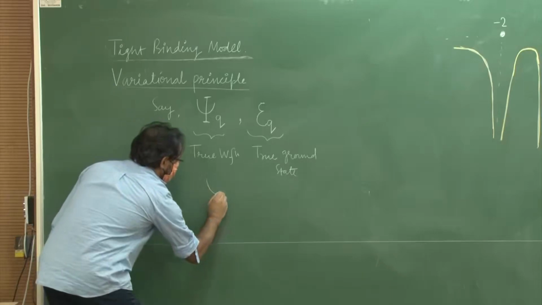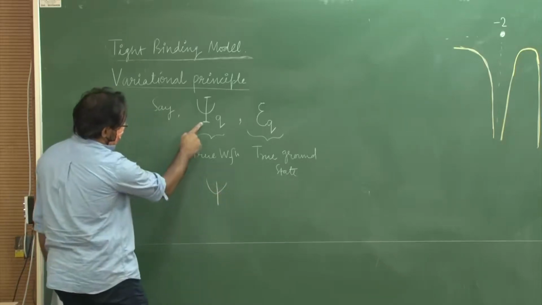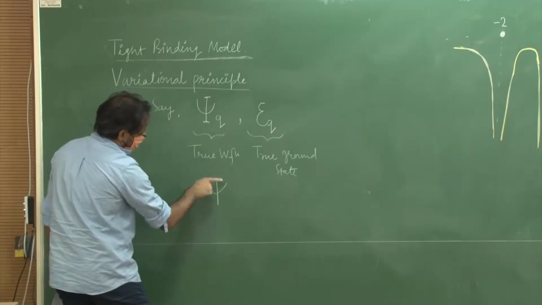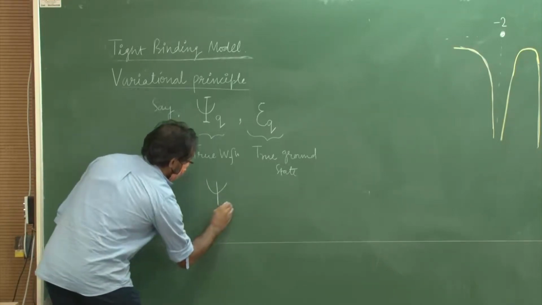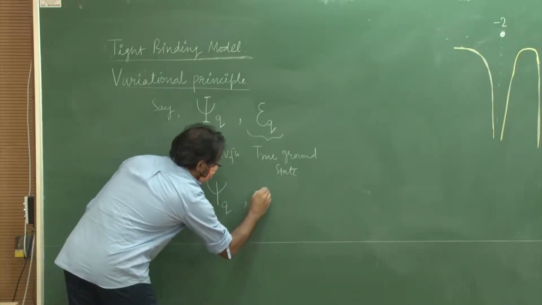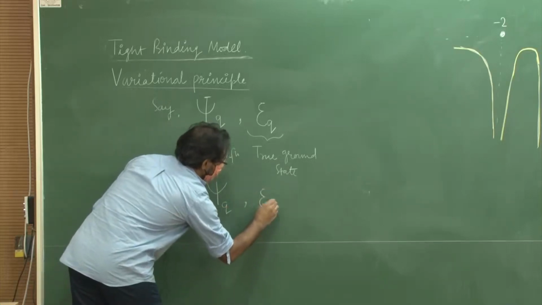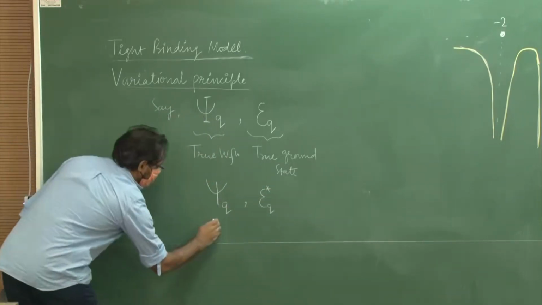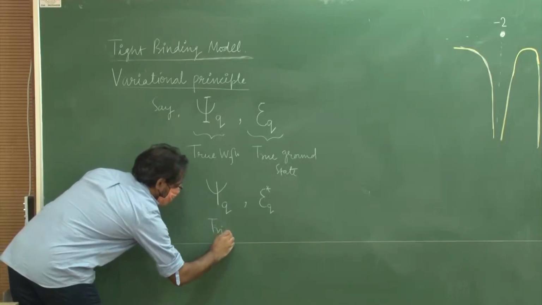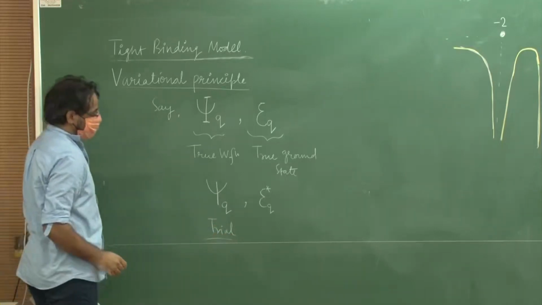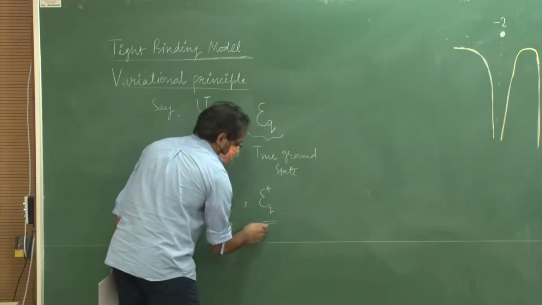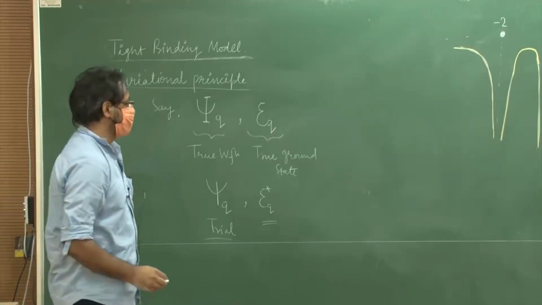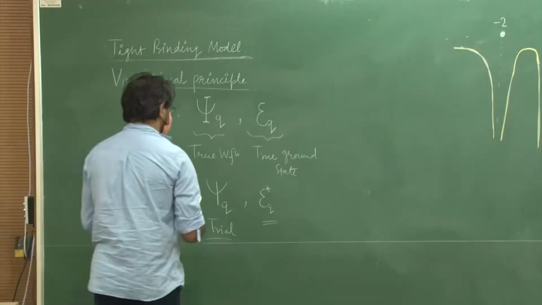So what we are going to do is pick a wave function capital Psi. You can note the difference between this psi and this psi: this is capital psi and this is little one. And the energy is, let's say, E q star. So this is my trial wave function, and the energy that I compute using it will give me an upper bound on the true ground state energy, right? That's the essence of the variational principle.